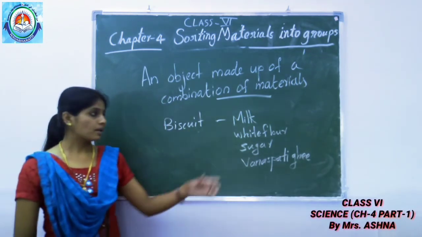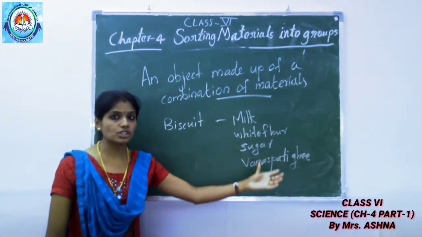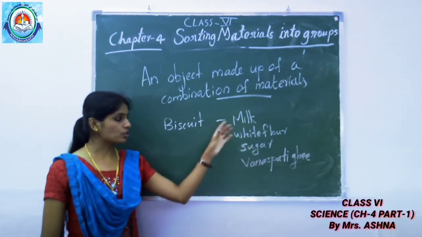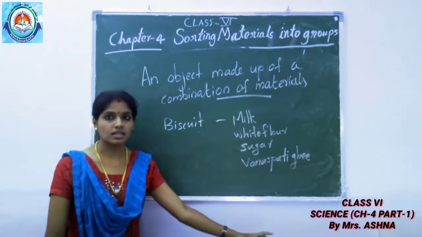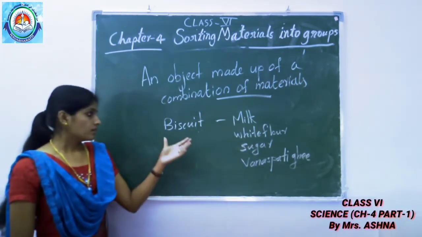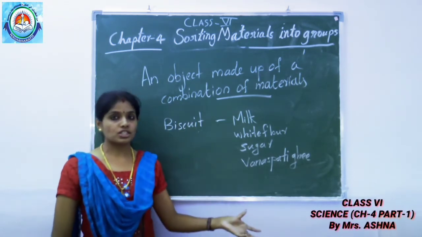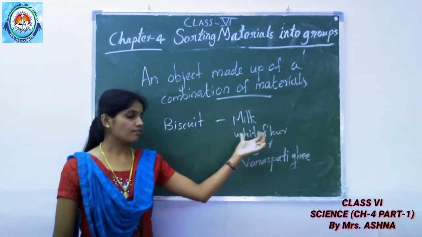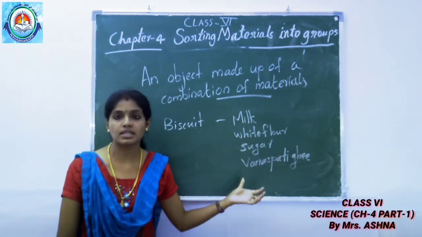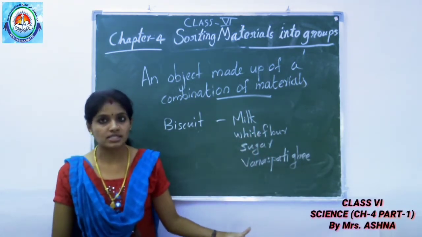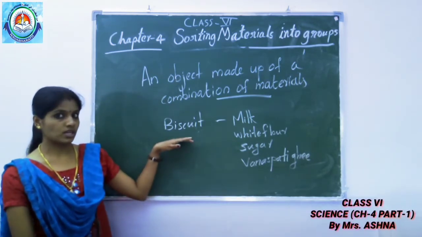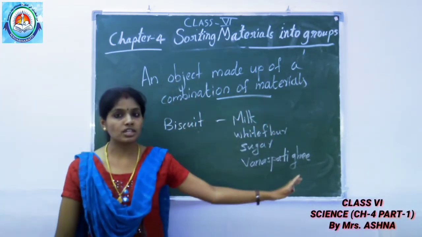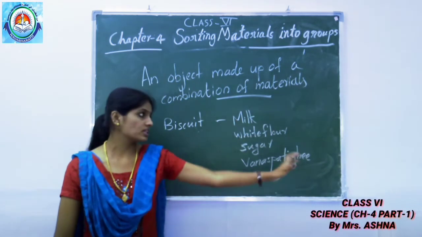So, biscuit is a combination of these materials: milk, white flour, sugar, vanaspati ghee. Do you understand? So, one object is a combination of these 4 things.